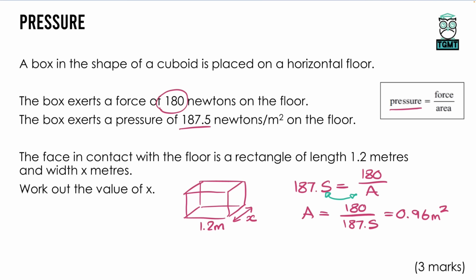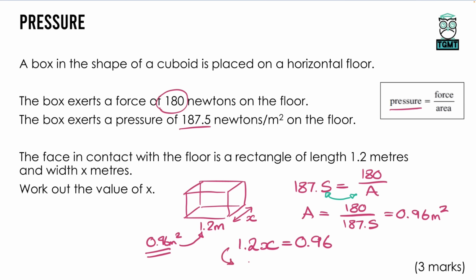So the area of the base of this rectangle here is 0.96 metres squared. We want to know the width. Well, length times width is the area for a rectangle, so 1.2 multiplied by x is equal to 0.96.